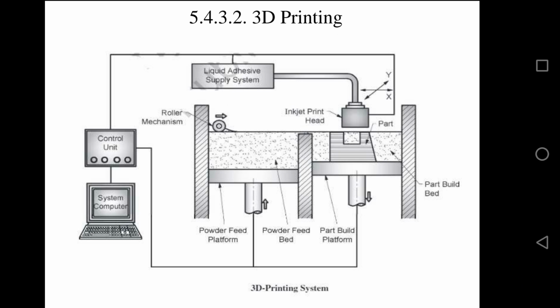A roller mechanism spreads a new layer of material from the powder feed bed on top of the previously printed layer for printing the next layer. The process is repeated until the part is completely built. After completion of printing, the part is removed from the build platform and the loose powder falls away.